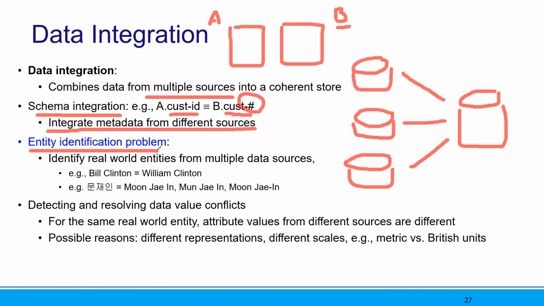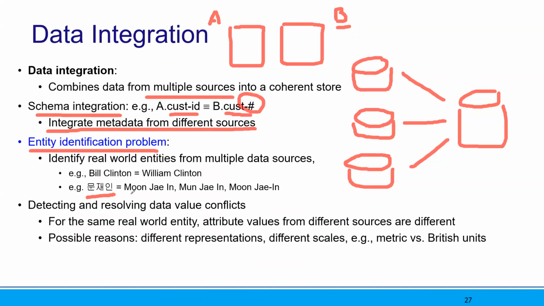Let's see again. I think you know the previous Korean president, Moon Jae-in. In Korean letters, it is obvious. The name is Moon Jae-in, like this one. But in the alphabet, it becomes not clear, because some media may write Moon Jae-in like this one, another media will write Moon Jae-in with U, or another media will write Moon Jae-in just with in.